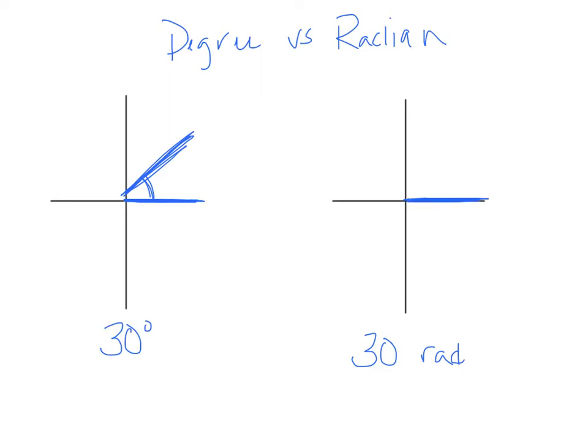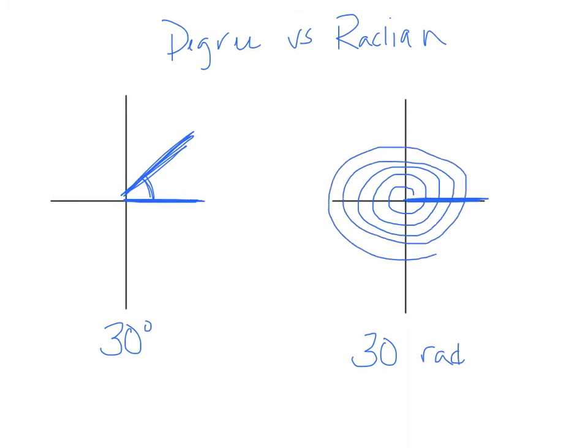So an angle that is 30 radians is going to look like this. You almost have to go around the circle 5 times in order to get 30 radians.